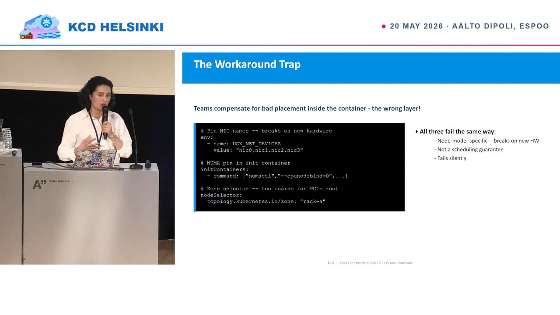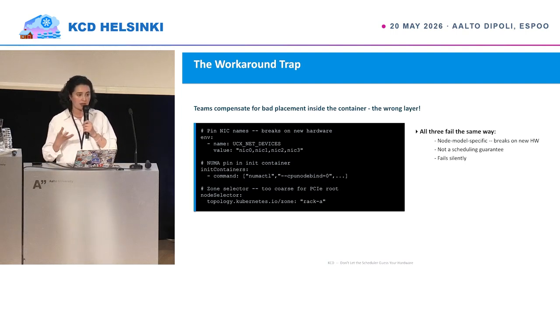If we change the node model or the representation of devices in the node, this cannot work. And the big issue here is that we are trying to fix an issue that has been created at scheduling time in the wrong place. This is the wrong layer for the fix.